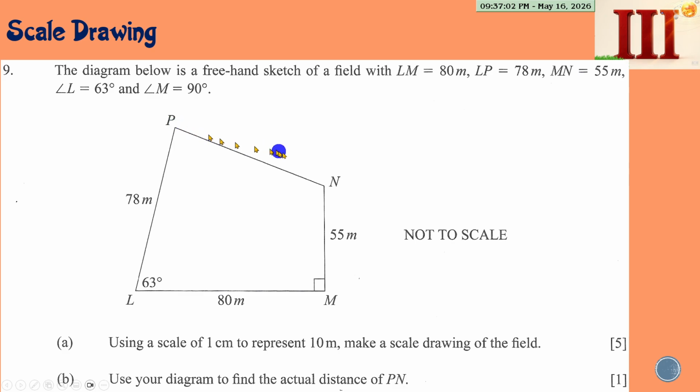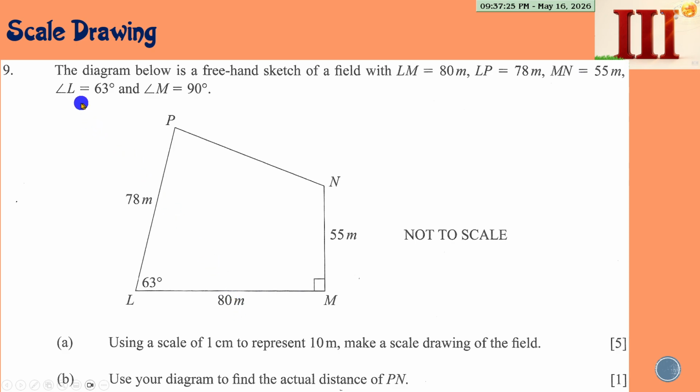When you're given a scale drawing, you will be given an image of what it should look like when you're done. It says this is a freehand sketch of a field. LM is 80 meters. LP is 78 meters, MN is 55 meters. Those 3 lengths are given.